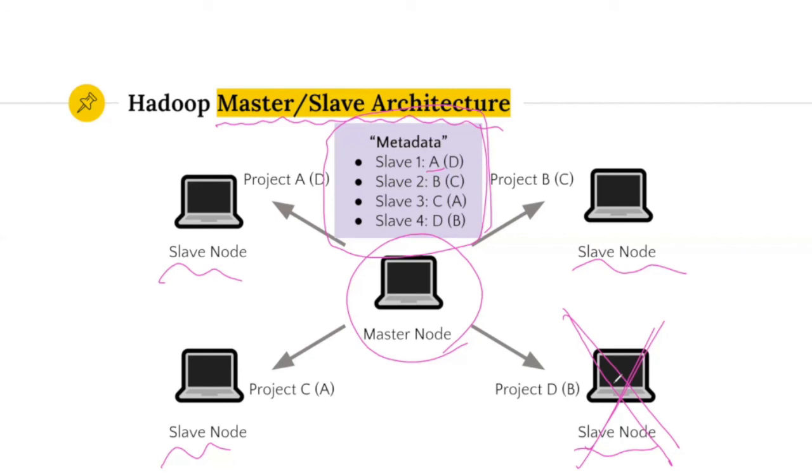In that case, the entire Hadoop cluster as a whole is still going to be up and running without any problem, because they already have some backup tasks assigned to each of the slave nodes. So this is called fault tolerance.